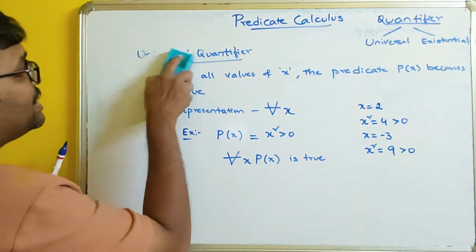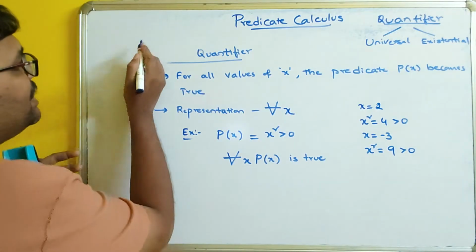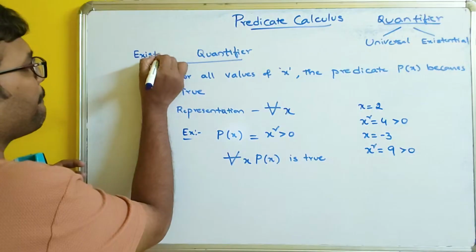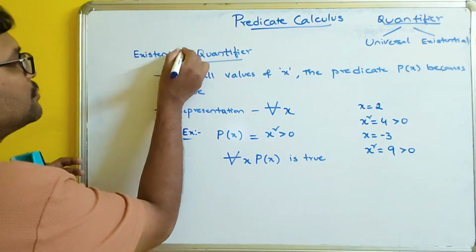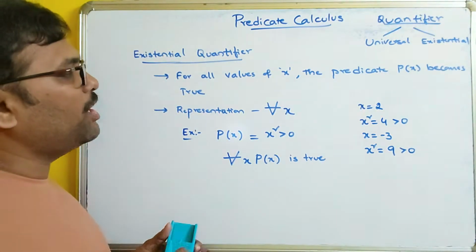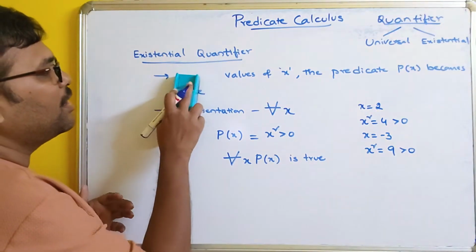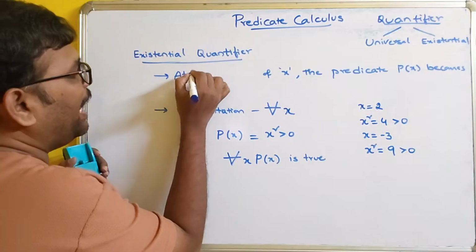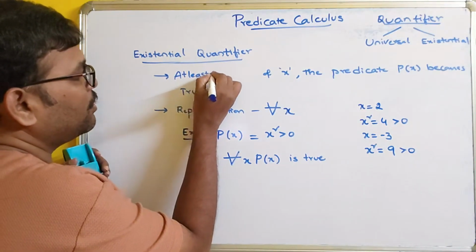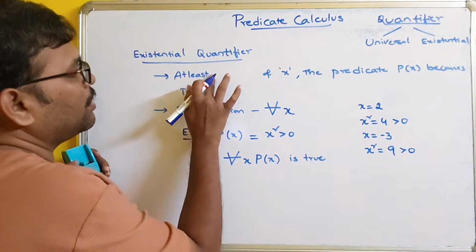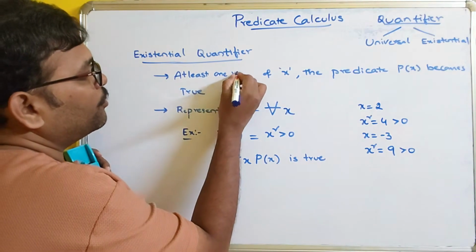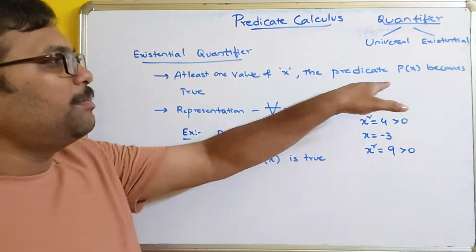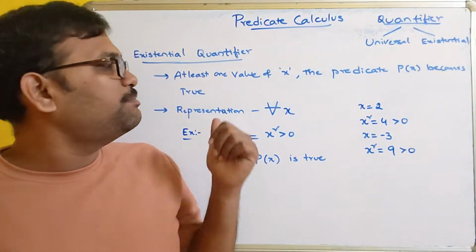Now, the next category is the existential quantifier. Here, not for all, but at least one value of x, the predicate P of x becomes true.